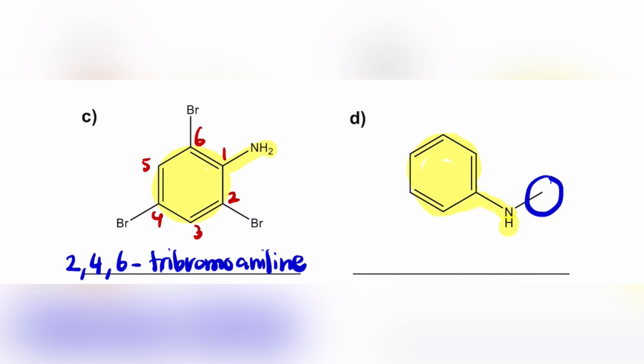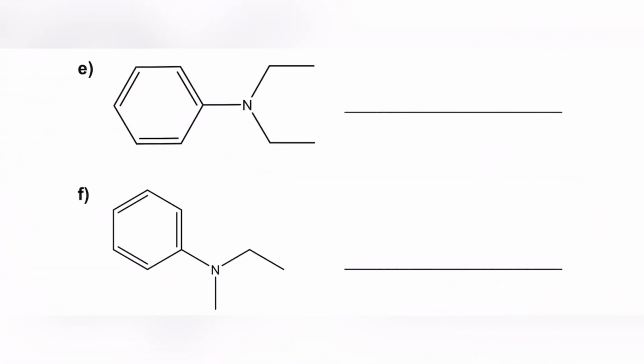So the name will be N-methyl. Itu yang pertama untuk substituents, dan saya punya parent adalah aniline. This is it. Next, saya masih lagi ada benzene ring attached to the nitrogen. So ingat, walaupun nitrogen ni dia ada alkyl group sebanyak 2, iaitu these two, dia adalah substituents kita.